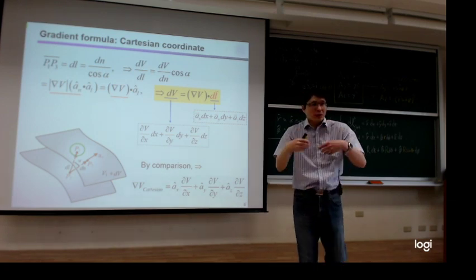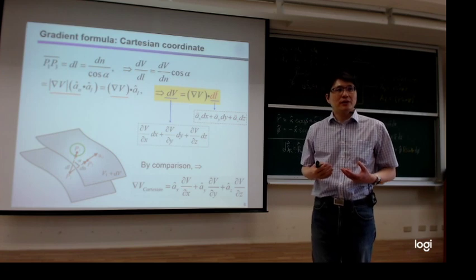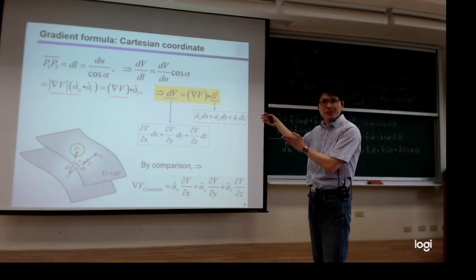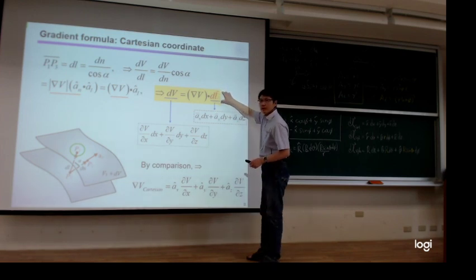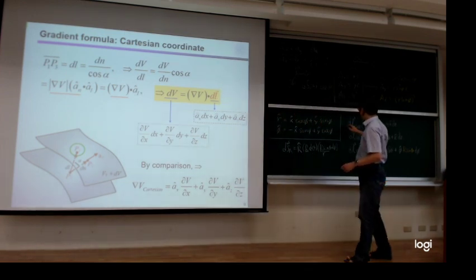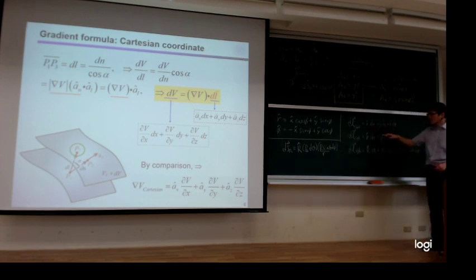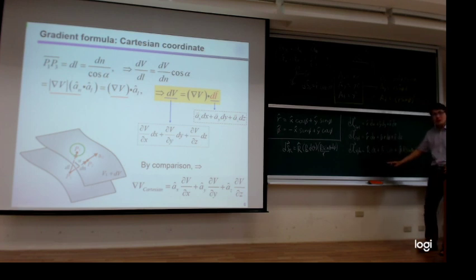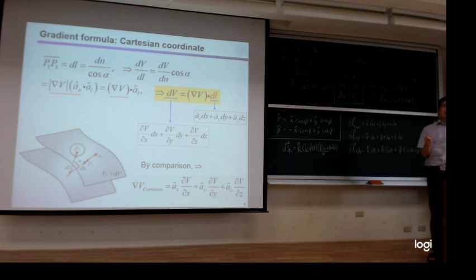So do you already see the flavor? Once you master this process, once you understand dl as expressed in all three different orthogonal coordinates, you immediately arrive at the proper mathematical formula for that coordinate system, at least for the gradient.